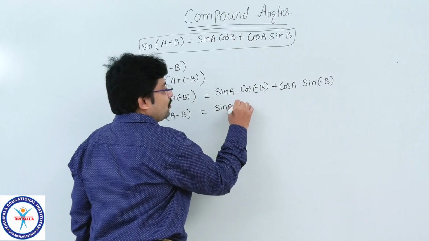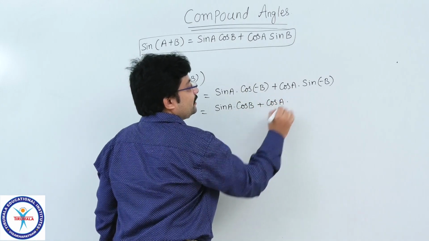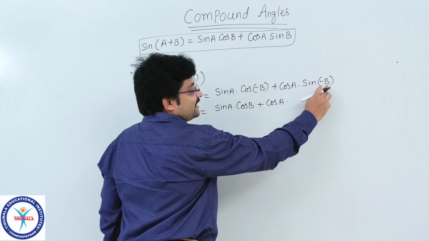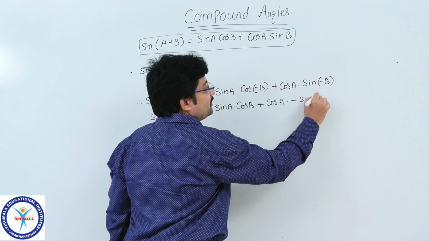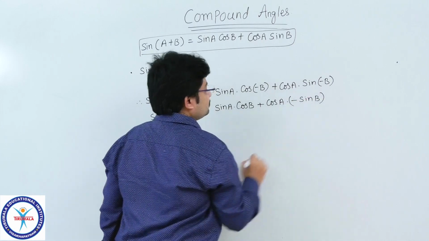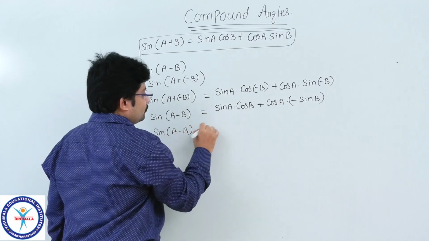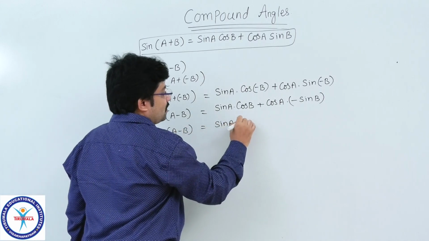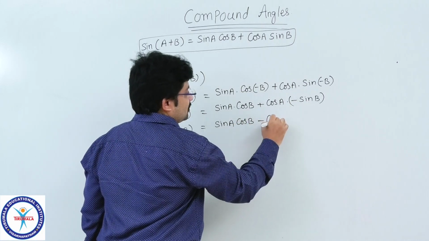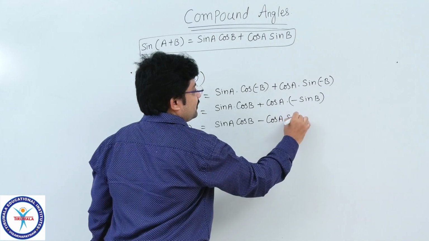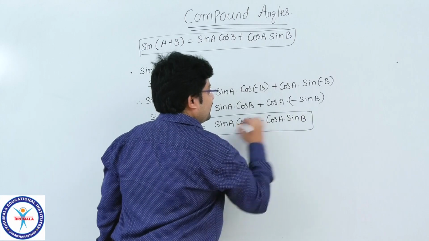So here it is cos B plus cos A into sin of minus theta, that is minus sin theta, minus sin B. Therefore, sin(A-B) is equal to sin A cos B, plus into minus is minus, cos A into sin B. So this is the formula for sin(A-B).